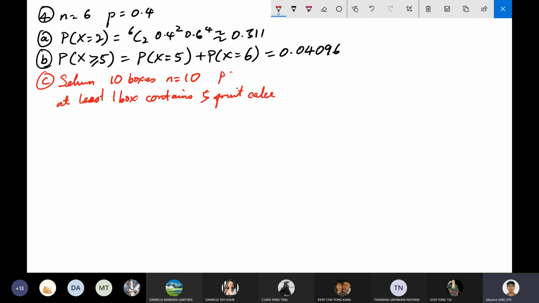So the probability of one box containing at least 5 fruitcakes is actually this, 0.04096. So then you have boxes with at least 5 fruitcakes.